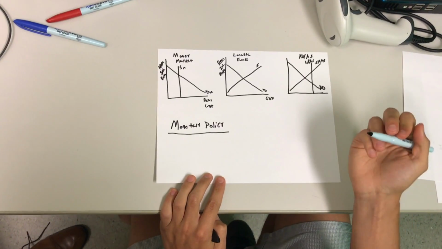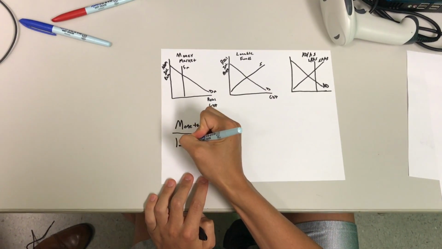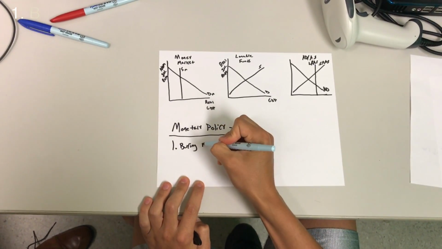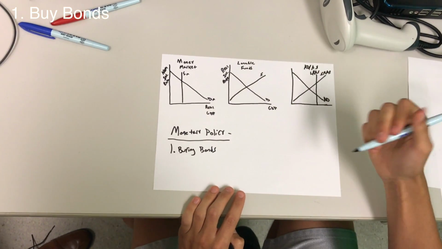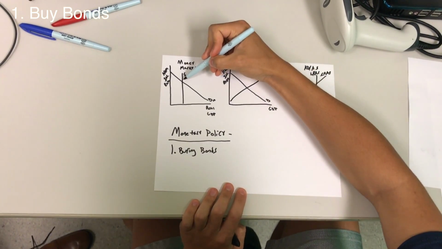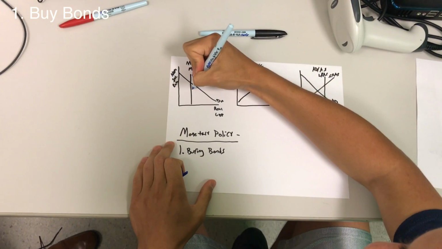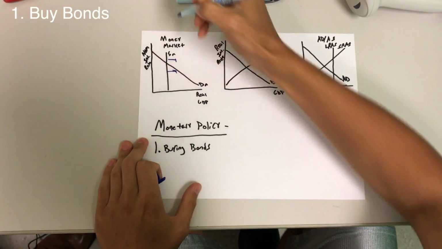Alright, so there's three things that you can do when closing a recessionary gap using monetary policy. One is buying bonds. Now what this does is it increases the money supply. So in this graph right here, the money supplied will actually move over to the right.